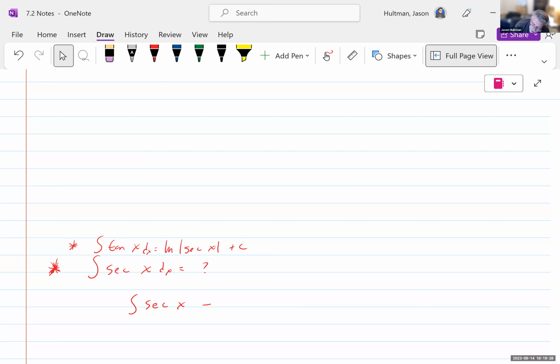Okay, so the integral of secant x dx, I have to create what's called a magic 1. This comes to us from people who did mathematics all their lives and played around with this stuff and spent hundreds of hours on this.